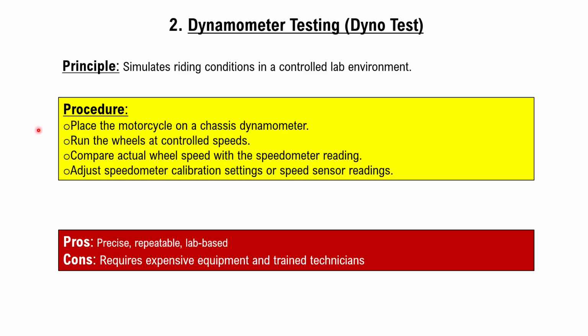The procedure is: place the motorcycle or scooter on a chassis dynamometer, run the wheel at controlled speed, compare actual wheel speed with the speedometer reading, and finally, adjust speedometer calibration settings or speed sensor readings. Its pros are: it is precise, it is repeatable, it is lab-based. Cons are: it requires expensive equipment and trained technicians.